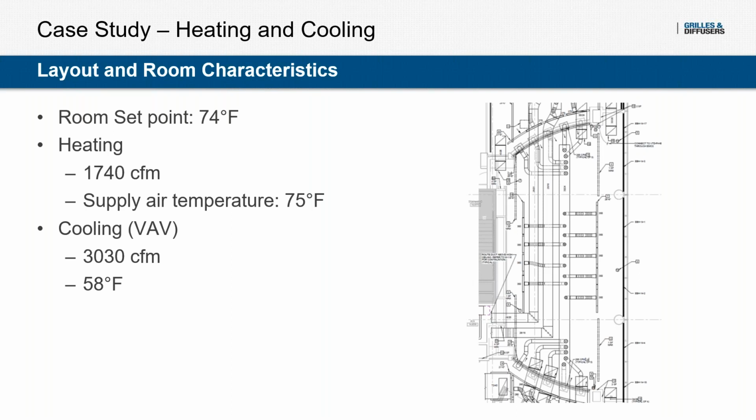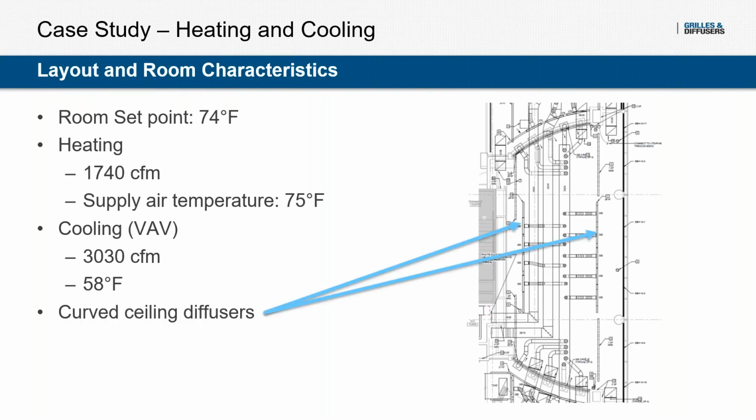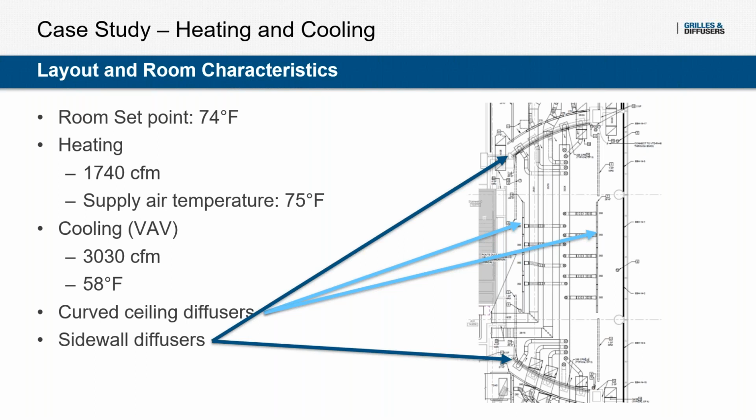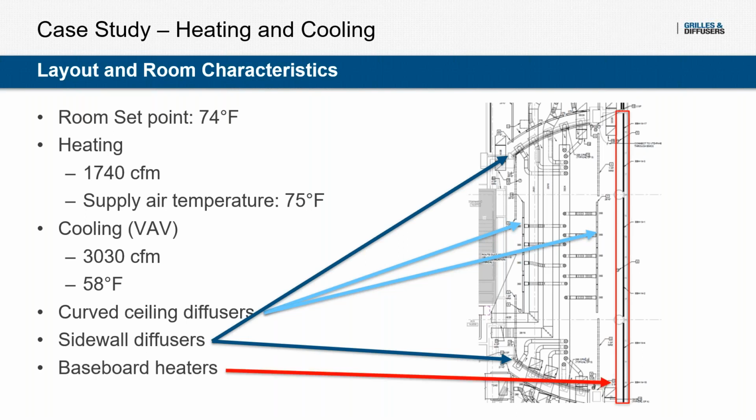And in cooling, we had about 3,000 CFM at 58 degrees Fahrenheit. In this room, we had a lot of different features: some curved ceiling diffusers, some high sidewall diffusers, as well as some baseboard heaters to help condition those windows.